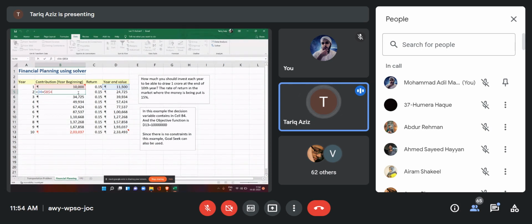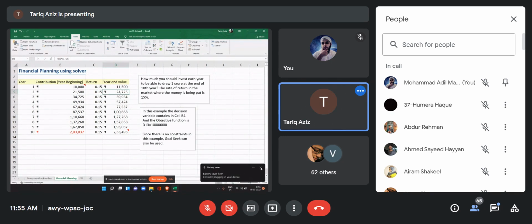So every year you have to add 10,000. On that amount, again 15% return will be generated, and at the end of the year, that amount will become 24,725. So this will continue happening, and at the end of the 10th year, this will become 2,33,493.